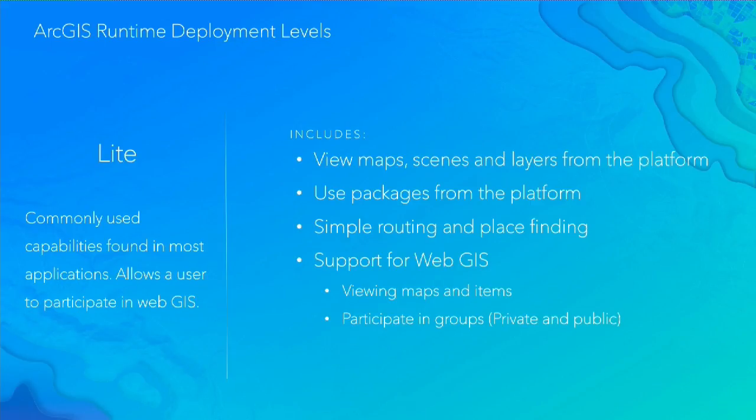And then in the light level, we support some basic WebGIS capabilities like viewing maps and other items, and participating in groups, either private or public. So you could get an invitation to a group that has some data that's being shared with you, and you can accept that invitation and participate.